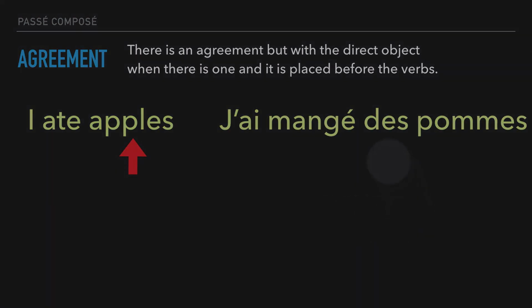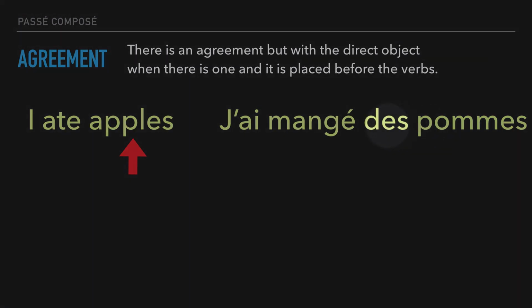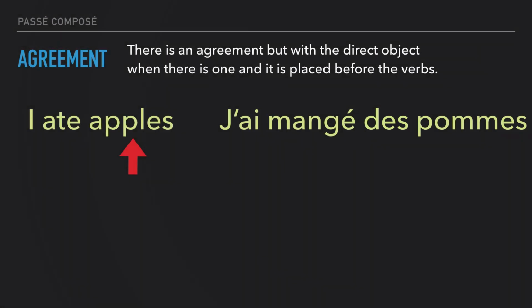And here, as you can see, there is no agreement because the direct object des pommes is after the verb. Des here is not a preposition, it is just the plural form of the indefinite article une. J'ai mangé une pomme, and the plural is j'ai mangé des pommes. So here there is no preposition. Des pommes is the direct object, but it is after, so no agreement.